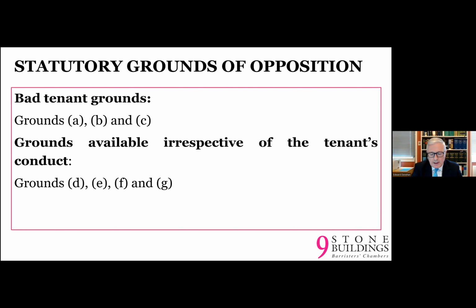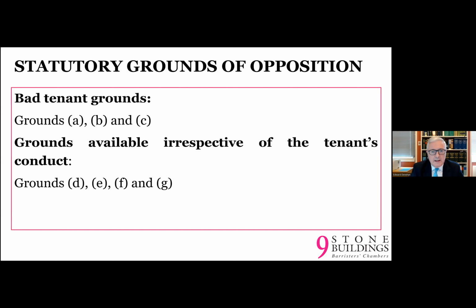The tenant might be the acme of tenants, but the landlord can still successfully oppose an application under section 24(1) if the landlord satisfies grounds D, E, F, and G. And as we'll see, the court has no discretion under, for example, F and G. If the landlord makes those out, then the tenant will not get a new tenancy. That's not the case in respect of A, B, and C, as we shall see.